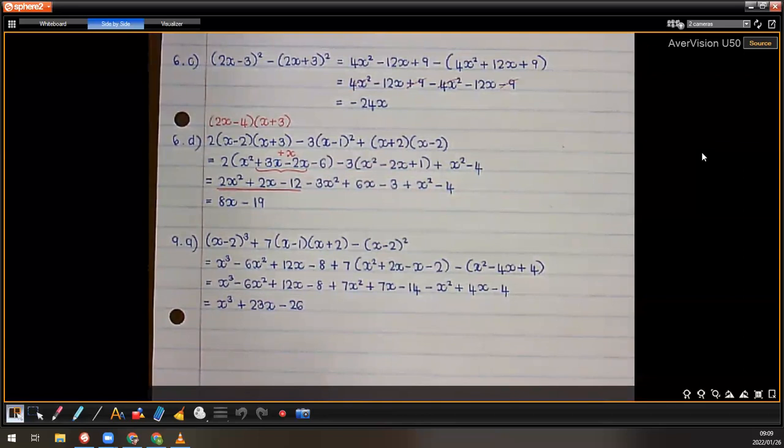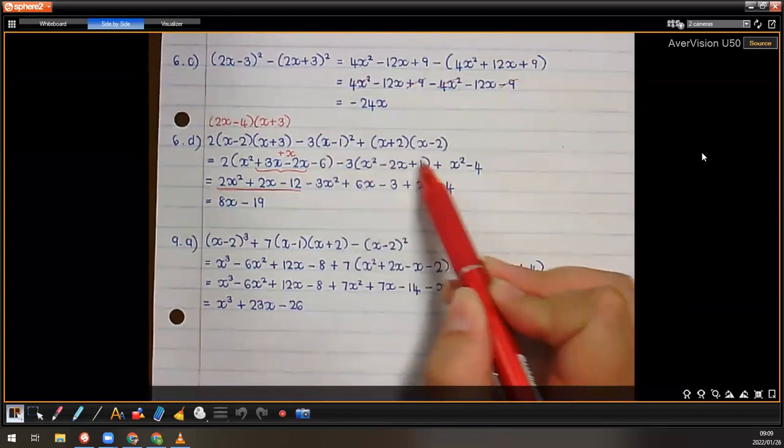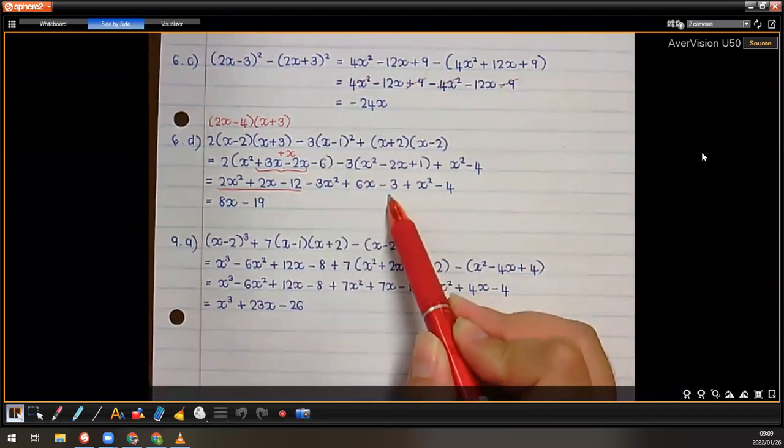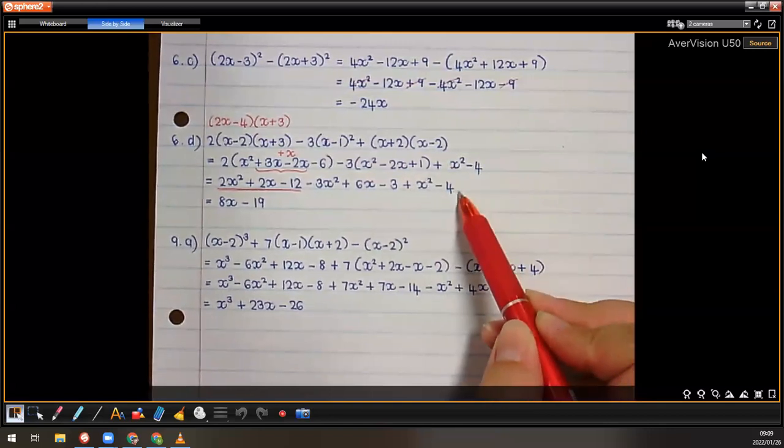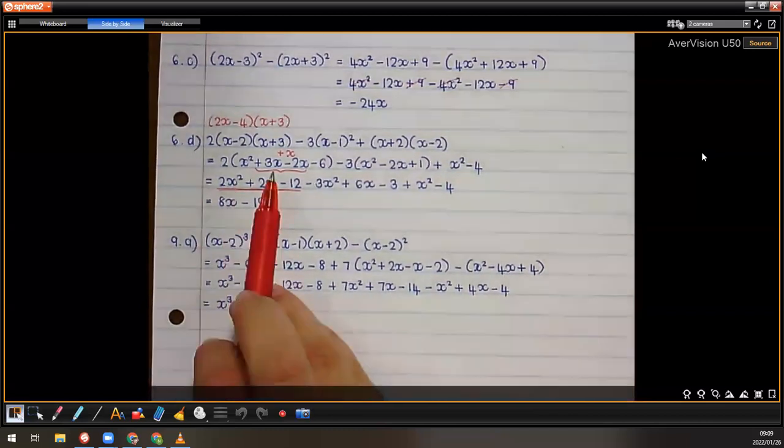So then I just multiply the 2 by the x squared and by the x and by the negative 6. So I did that simplification in my head. Then I multiplied the negative 3 into this bracket to get those ones. And I had my x squared minus 4, simplified everything, and I got to that. Yes. 3x minus 2.